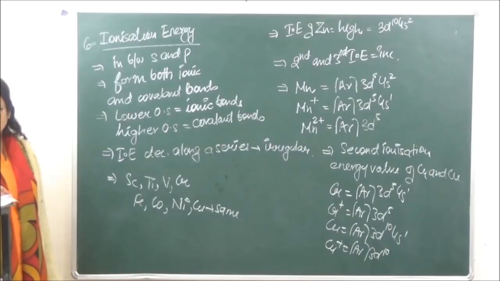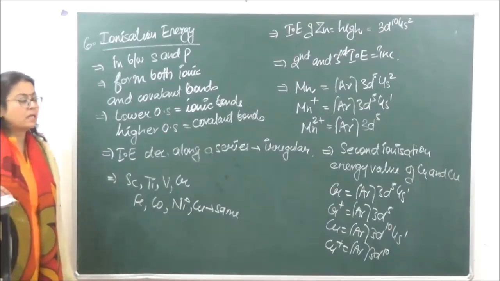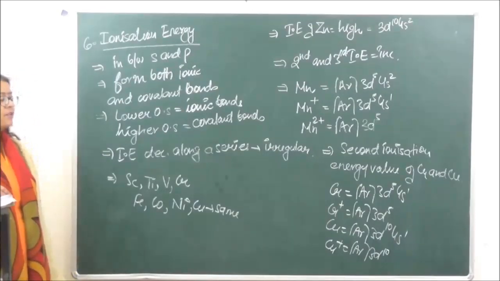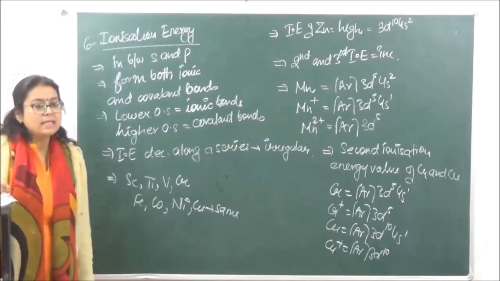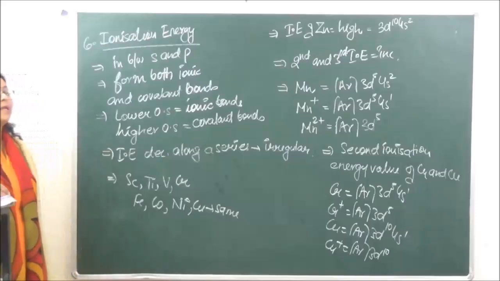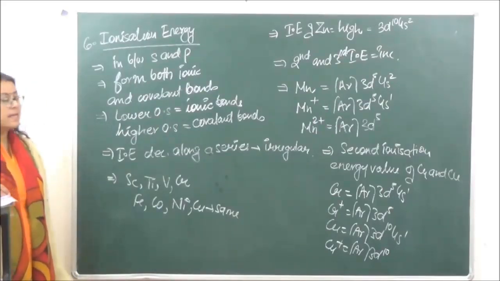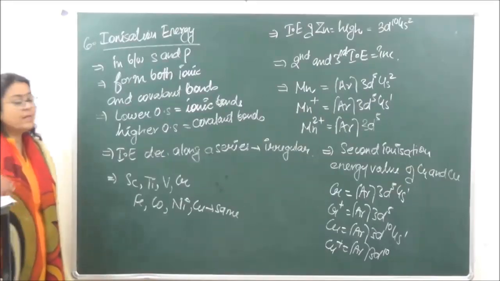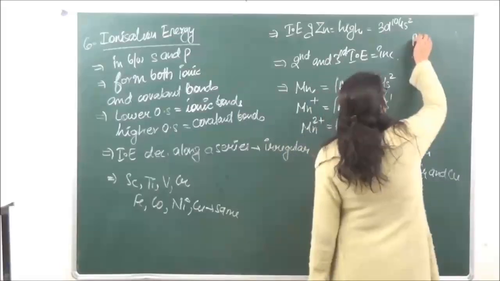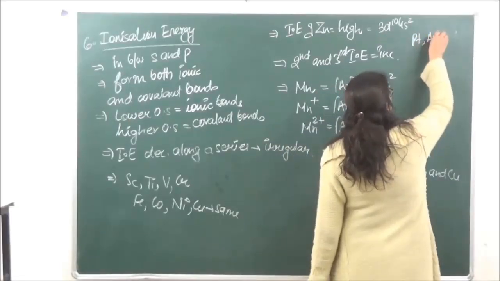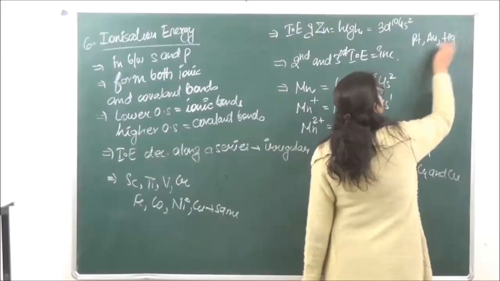Now members of 5d, just because of the lanthanoid contraction, the members of the 5d series are going to be inert. They do not have much reactivity. Examples which we can take over here are of the third transition series, the 5d series, that is platinum, gold and mercury.